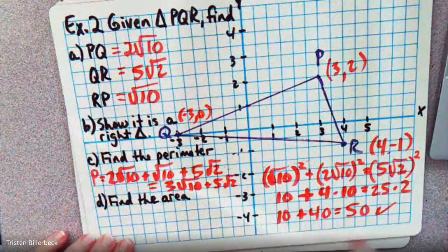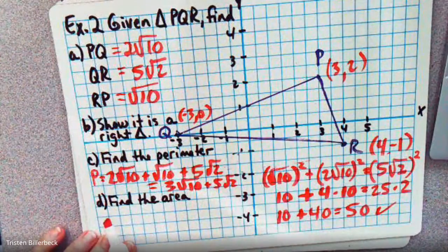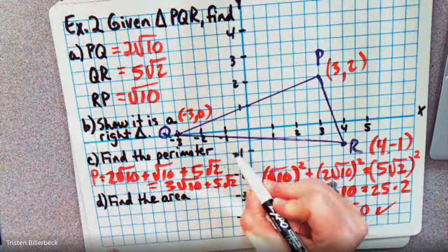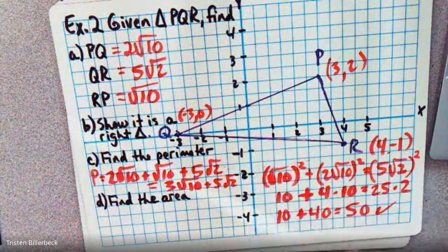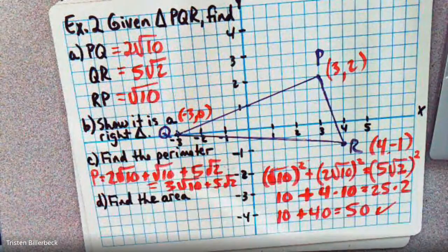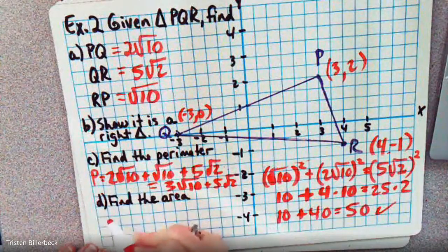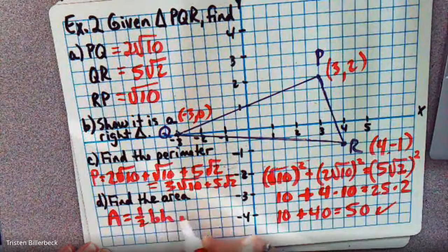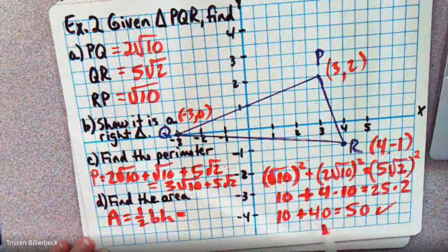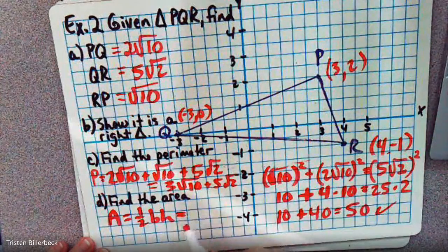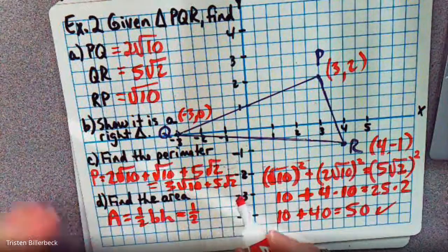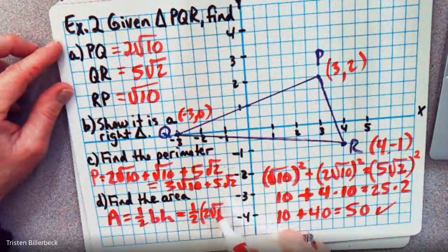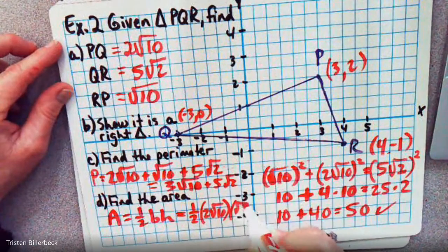Okay, the area, well, the area, we don't use the hypotenuse. The hypotenuse is the longest side, which we found was the 5 radical 2. So the area of a triangle is 1/2 base times height. So the base and the height are the 2 legs of the right triangle. So it's 1/2 times PQ, which is 2 radical 10, times radical 10.